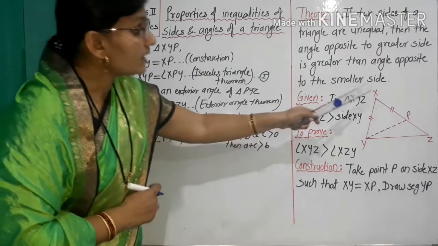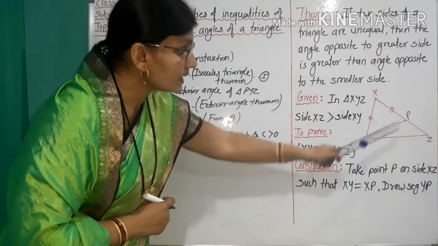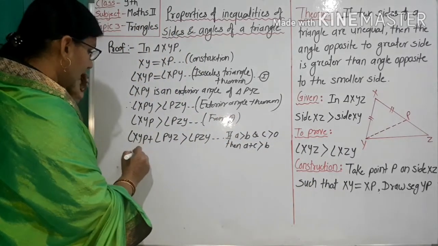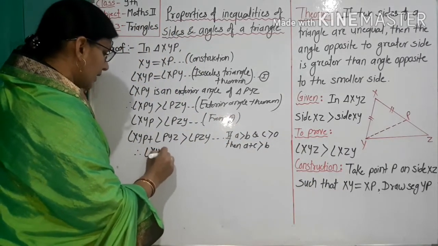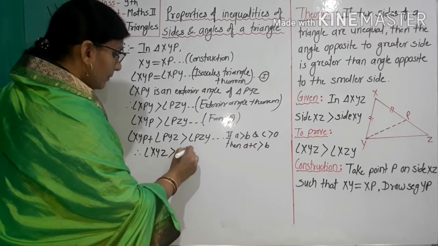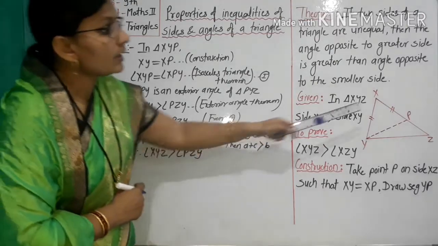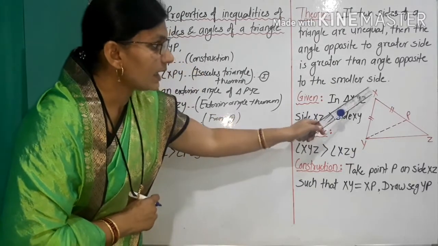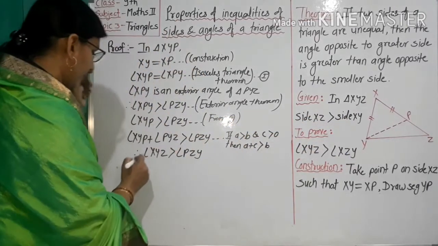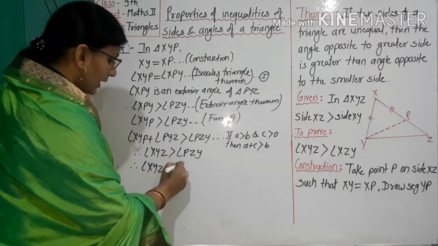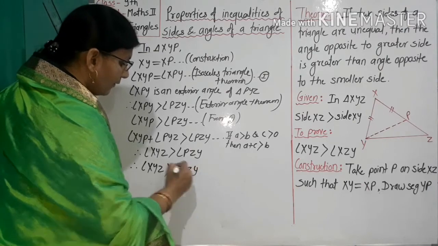In the figure, angle XYP plus angle PYZ means angle XYZ. Therefore, angle XYZ is greater than angle PZY. And from the figure, this PZY means angle XZY. Therefore, angle XYZ is greater than angle XZY.